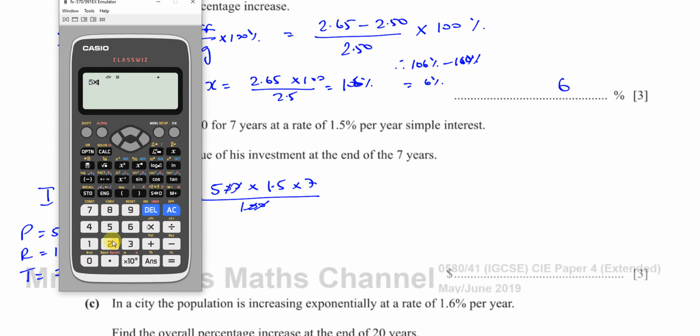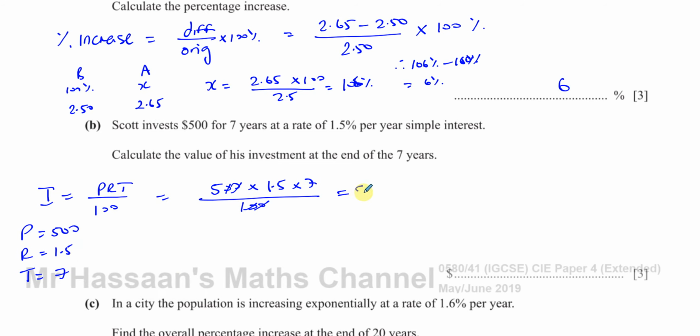You have 5 times 1.5 times 7, and that gives you 52.5. Now that is the extra in his account. The simple interest formula gives you just the extra amount in his account, just the interest part.